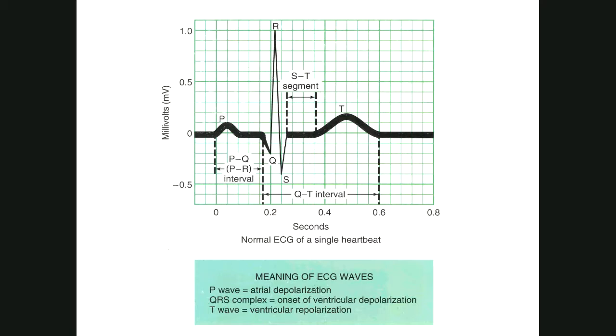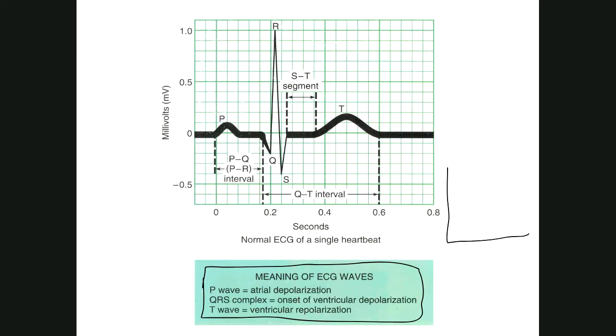So the P wave represents atrial depolarization. Remember, an action potential has two parts, depolarizing and repolarizing. And so the P wave is the depolarization of the atria. And then we get repolarization of the atria, but it happens at the same time that the ventricles depolarize.